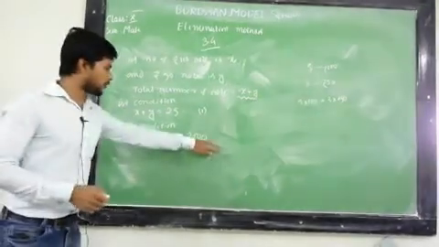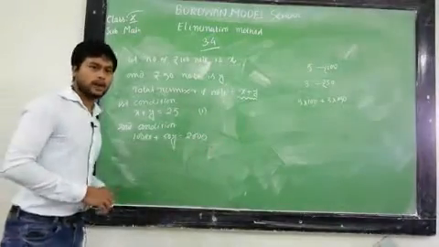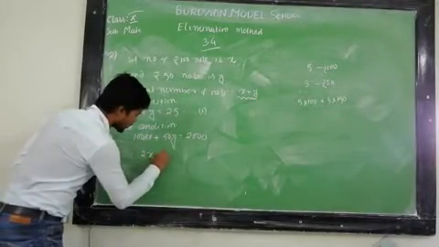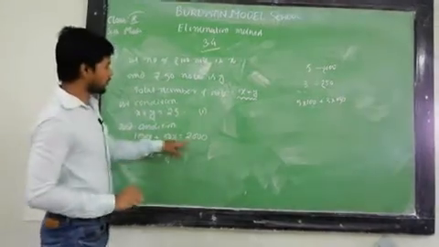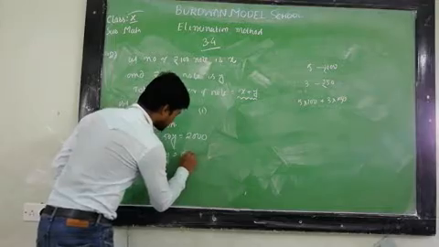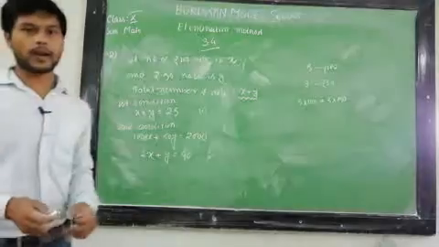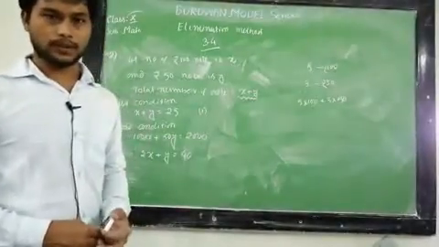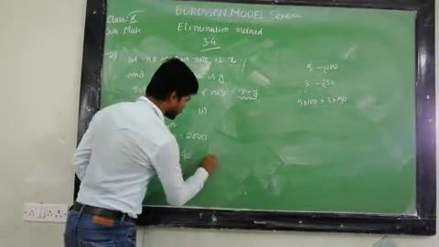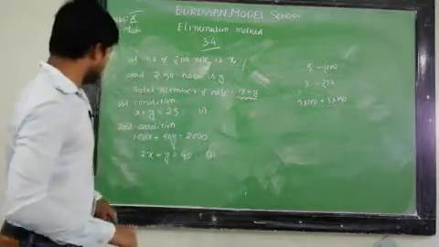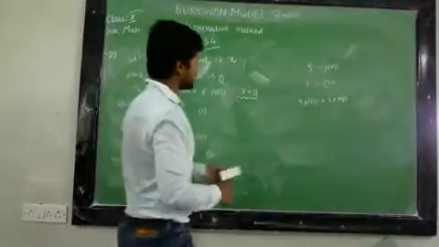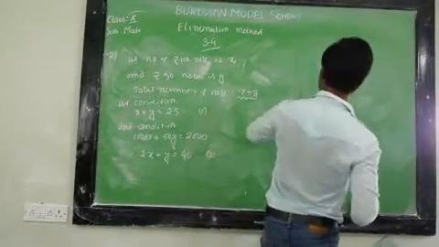Now if I divide the equation by 50, we have 2x plus y is equal to 40. Now we have to solve equation number 1 and equation number 2. Here the coefficients of y are the same, so we don't need to multiply the equations by any numbers.